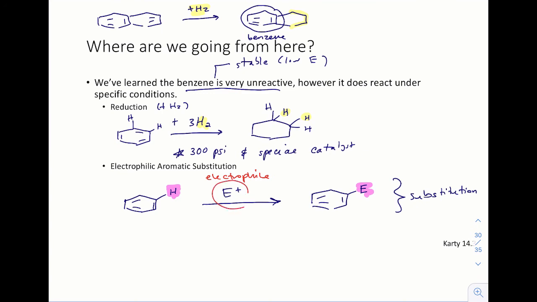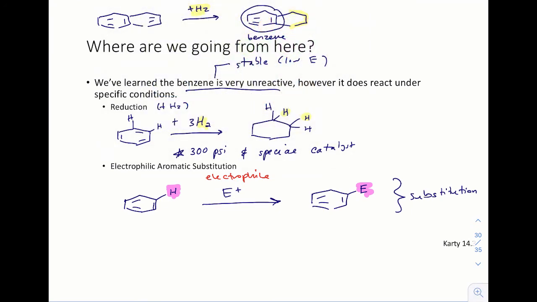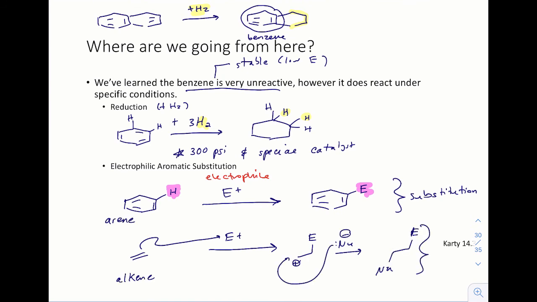There will need to be either a really, really reactive electrophile to make this process favorable thermodynamically. And you might also notice this electrophilic aromatic substitution represents a different pattern than what a normal alkene would do. We know that normal alkenes react with electrophiles to form carbocations, and then some nucleophile in solution can attack them, resulting in an addition product.